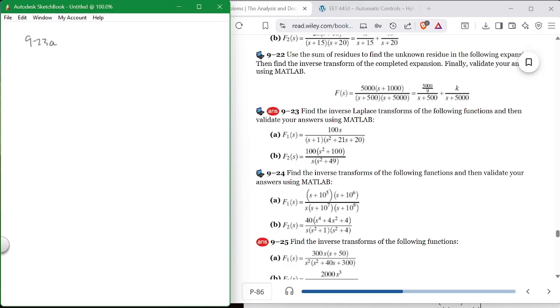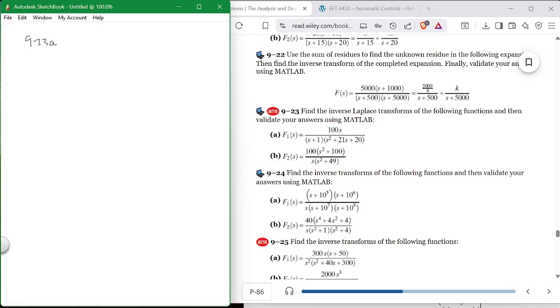What are you going to do here? Is there anything on the sheet that looks like this? No, I'll give you a clue, there's not.